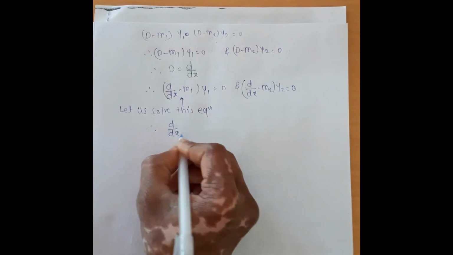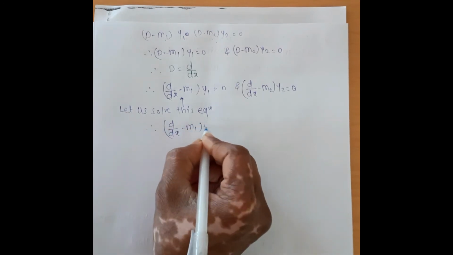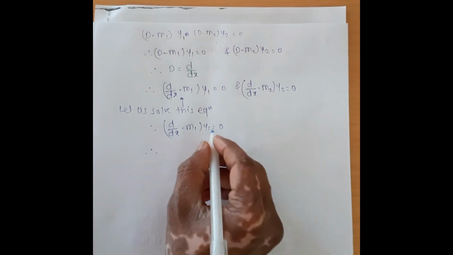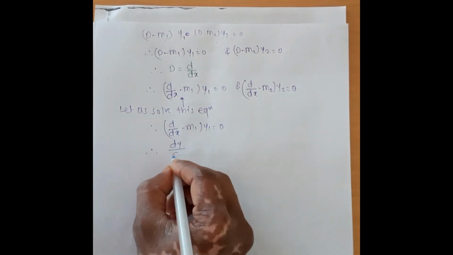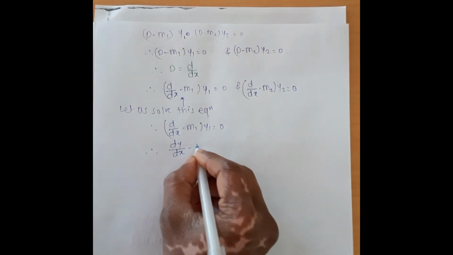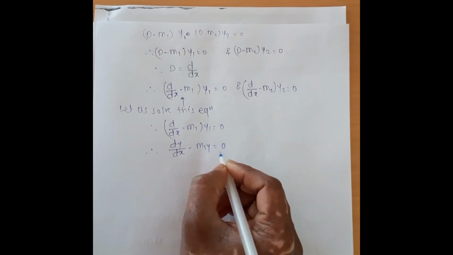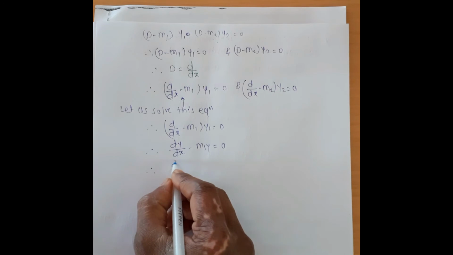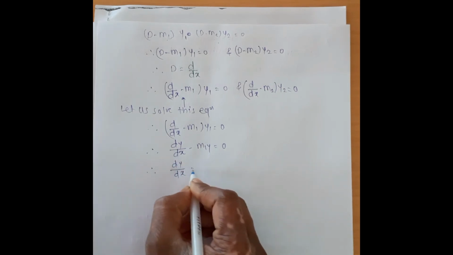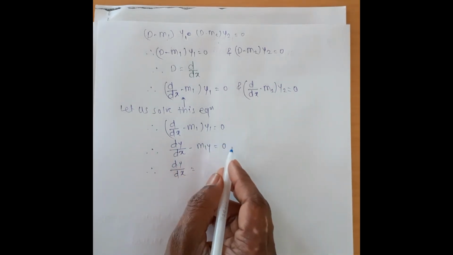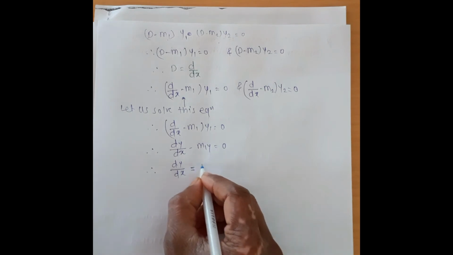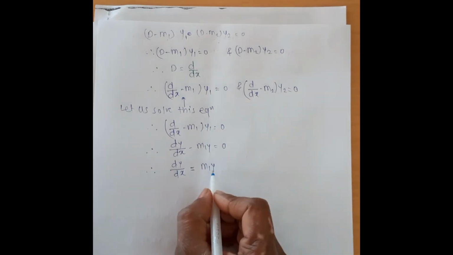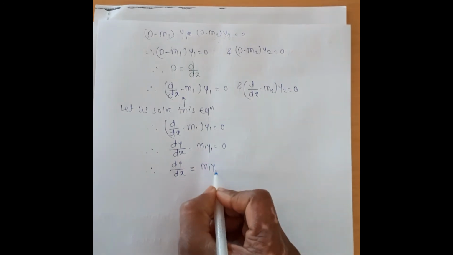So (d by dx minus m1) of y1 is equal to 0. So we get dy1 upon dx minus m1 of y1 is equal to 0. Now dy1 by dx, this term is negative, goes to the opposite side, then it will be positive, equal to m1 of y1.